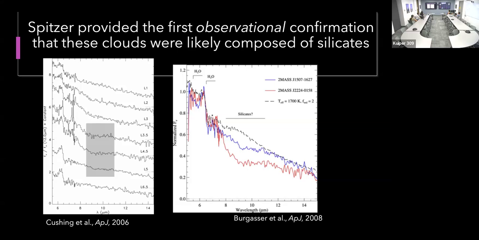So on the left there, you're looking at a sequence of L dwarfs, and highlighted there is the region where we think that the spectrum is being strongly impacted by silicate clouds. And then another, maybe more obvious, comparison of that is on the right, again with a few different L dwarfs, where you see that strong bump from 8 to 10 microns that, again, is probably due to silicate absorption. So these are both from Spitzer.